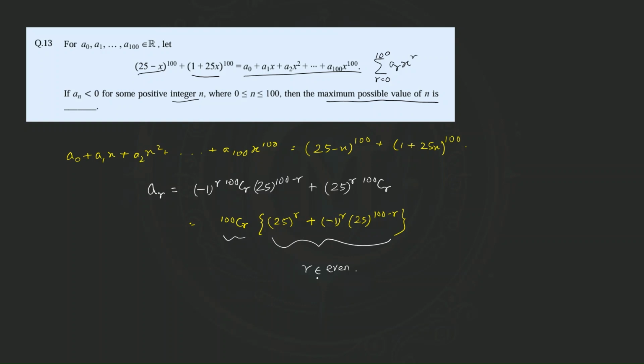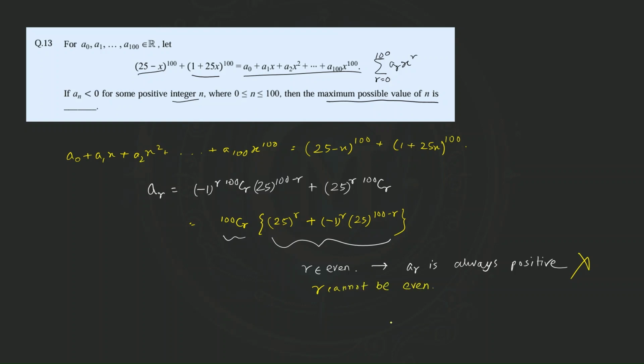So if r is an even number in this interval, or we can say n here because it says an, then ar is always positive. So we can say easily r cannot be even.